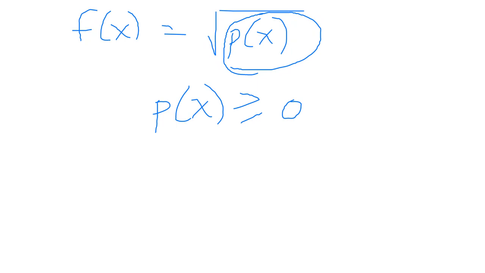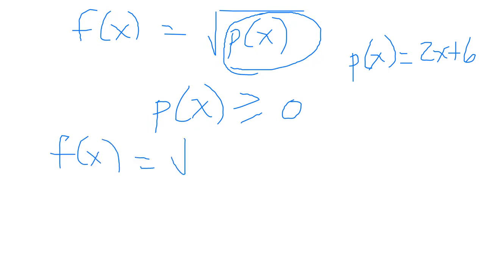So when I solve this, whatever I get becomes my domain. Let's say that my p of x is equal to 2x plus 6. So this means that f of x equals the square root of 2x plus 6. So what is my domain?